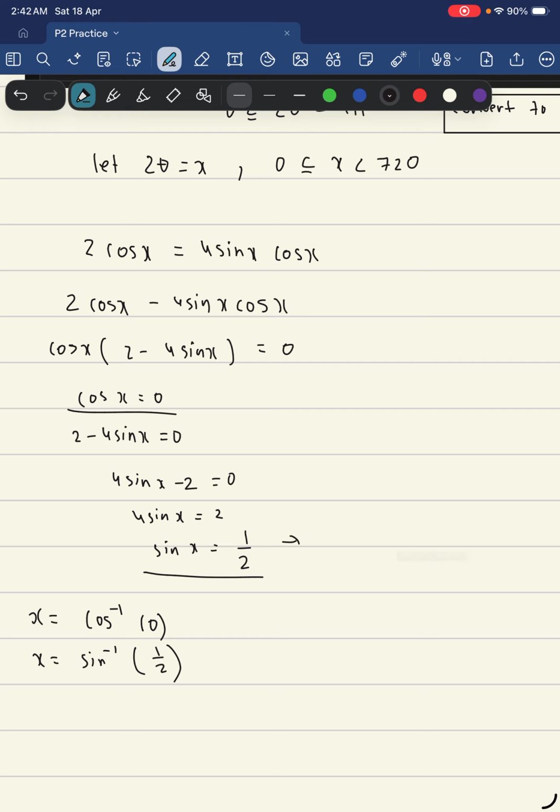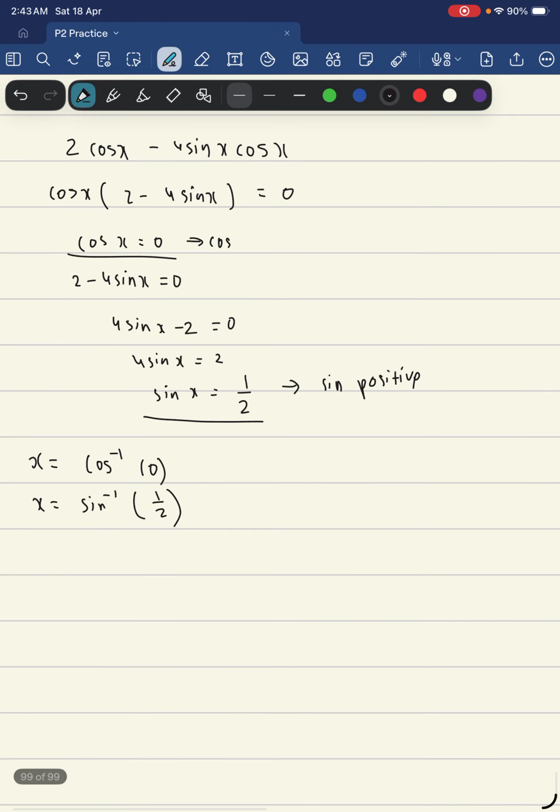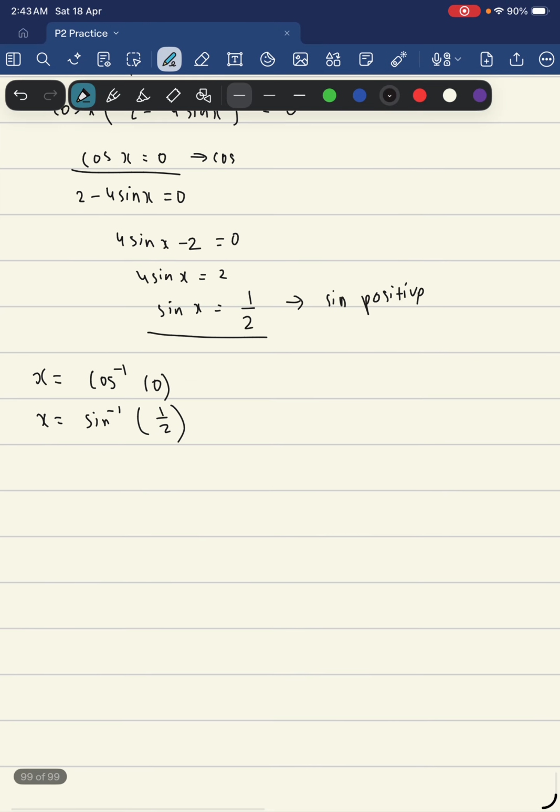Now I'd like to mention, to avoid confusion, that since cos is 0, you would usually use all quadrants, so I'm just going to leave that empty for now. Let's start with sine half. Sine inverse half in degrees gives us 30.